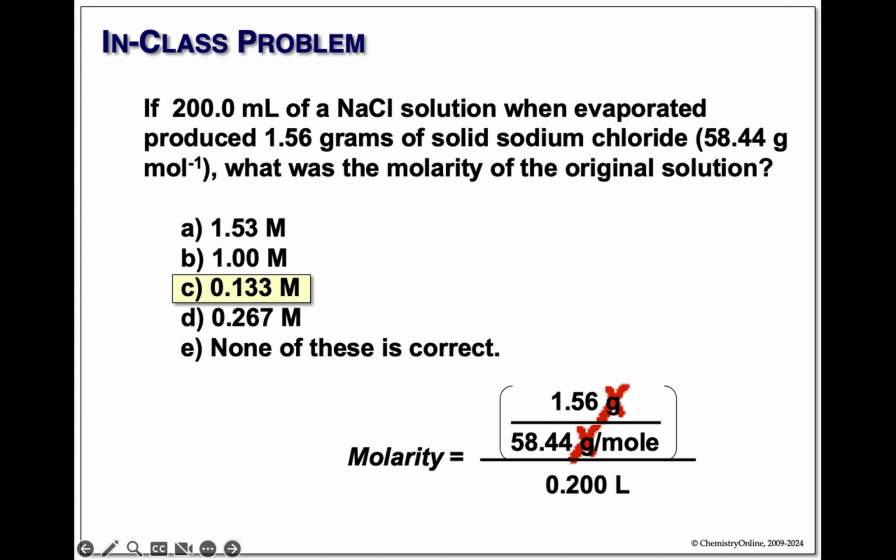All right, our final subject in this chapter is dilutions. You have a solution, you know its concentration, and you dilute it. The tutorial is really tedious because you have to remember four equations.